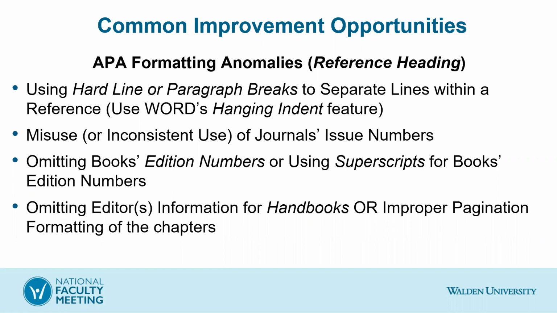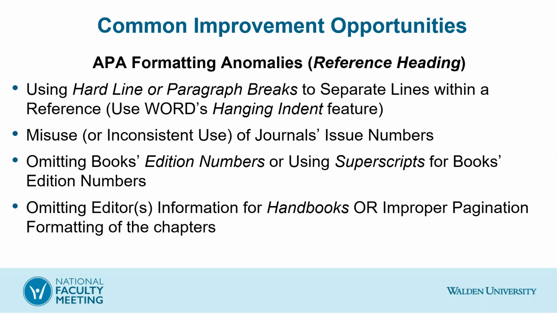So that's a common one, and we require either consistent use of the issue numbers throughout the reference section, or the proper use of APA formatting for issue numbers as defined within the APA manual. I think it's about page 198 within that section, about the third bullet down.